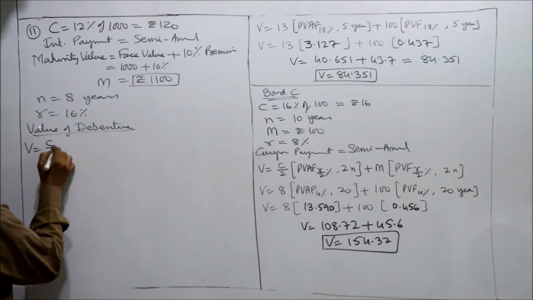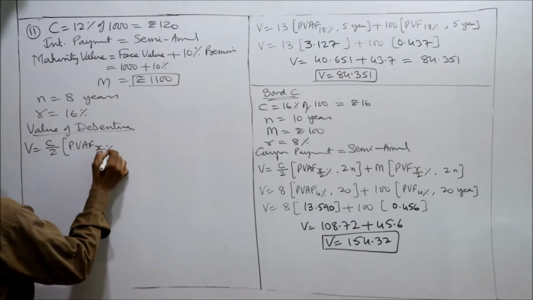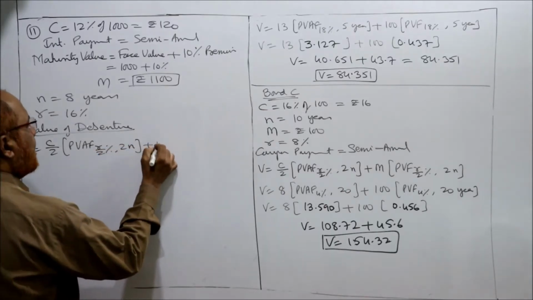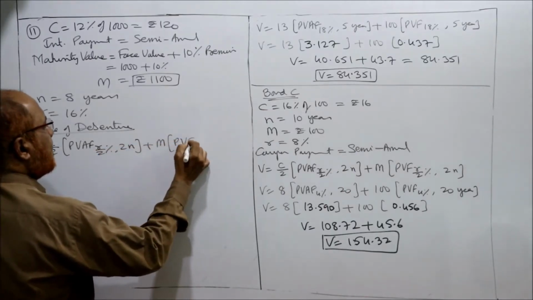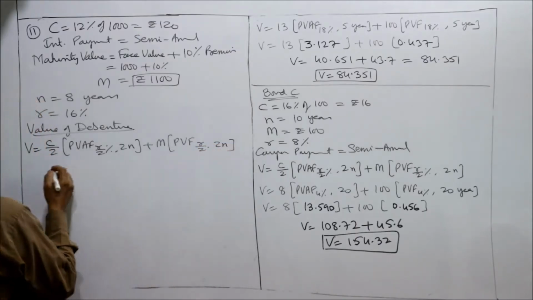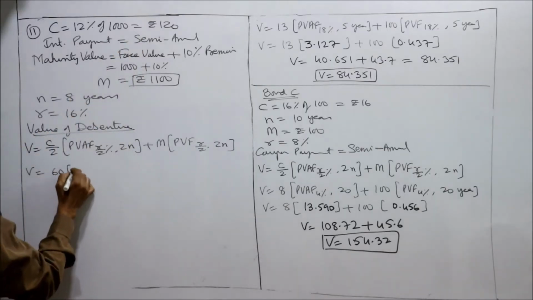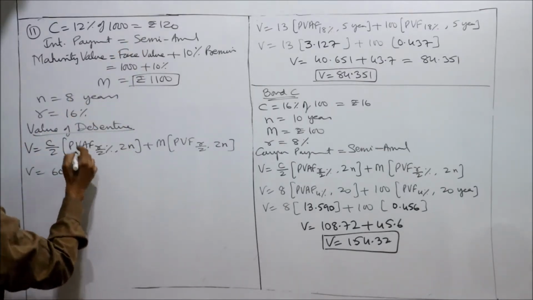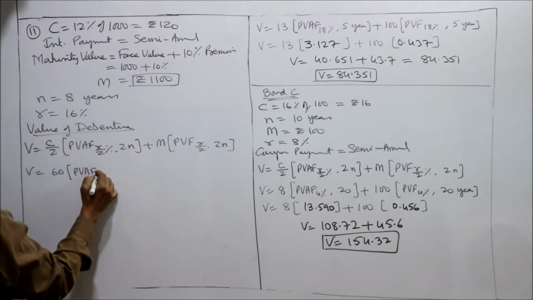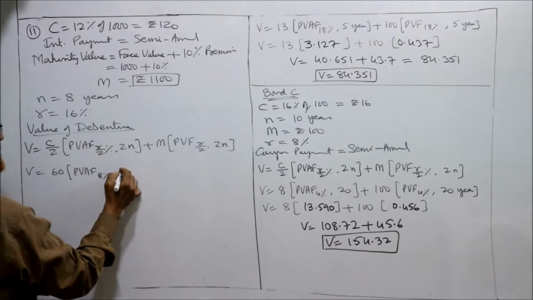V is equal to C by 2. C is 120, 120 by 2 is 60. PVAF R by 2, 16 by 2, 8%. 2 into N, N is 8, 16 years.